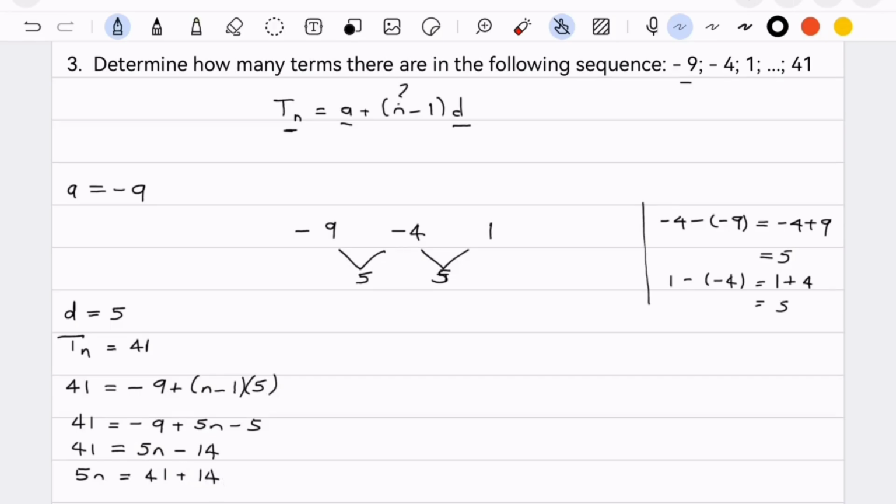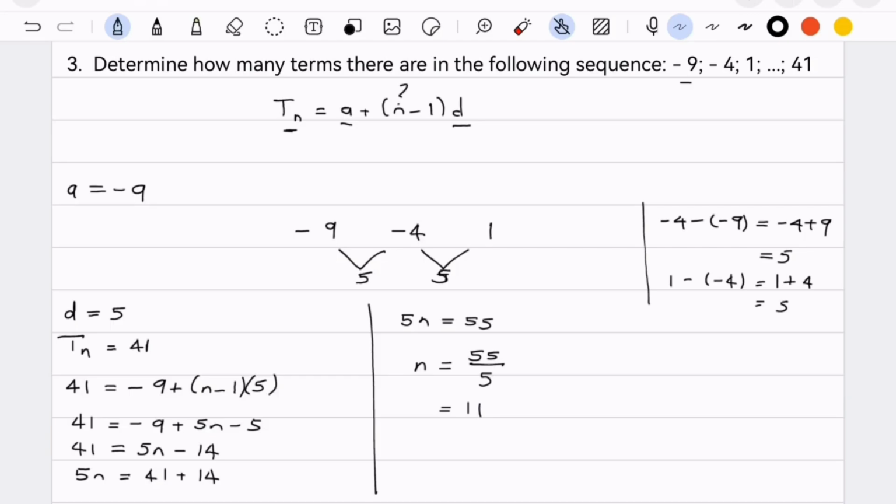So let's proceed. That will give us 55, so 5n equals 55. So our n is 55 divided by 5, which will give us 11.